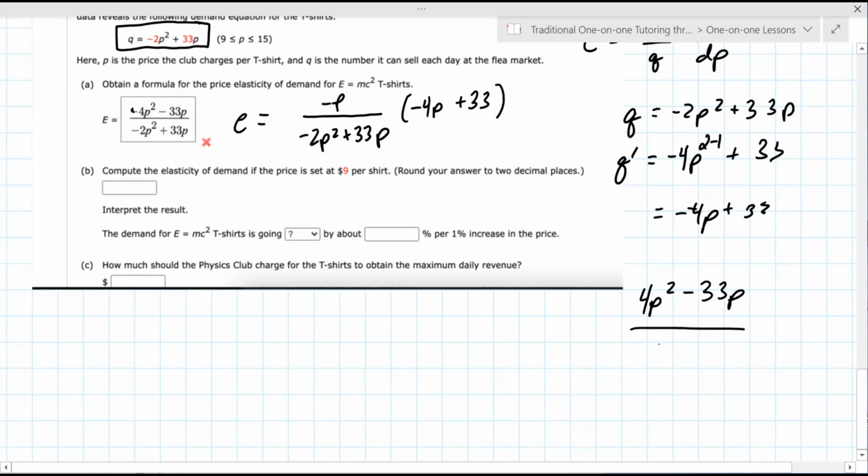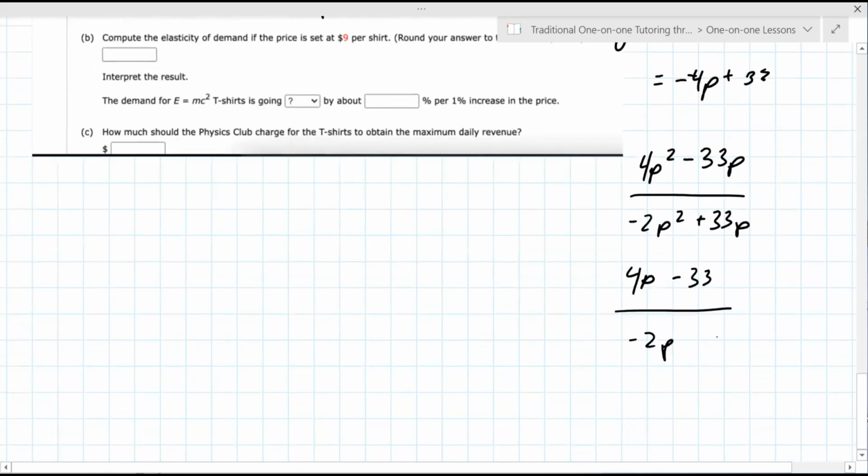It should be minus 2P squared plus 33P. But this is very important: do you see how every term has a P in it? That means you have to factor a P out of everything. So this becomes 4P minus 33 over, and that's probably the bigger issue, minus 2P plus 33.